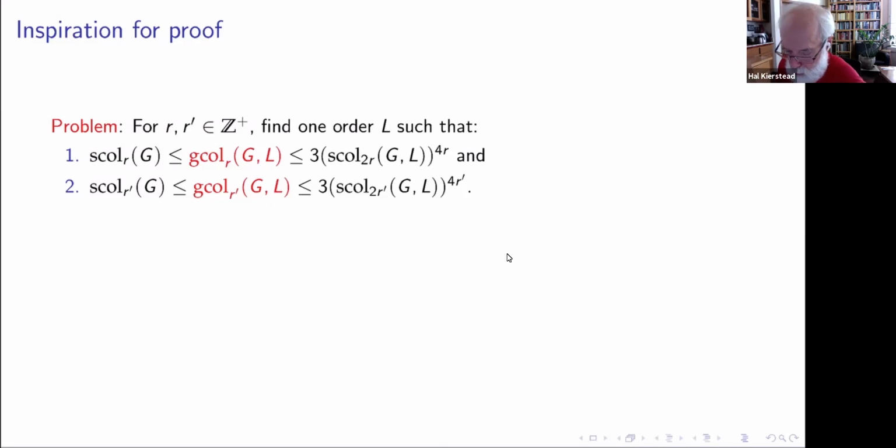And so what we're going to prove is that we can bound the strong R coloring number of the graph in terms of the game coloring number, which of course we know we can bound in.